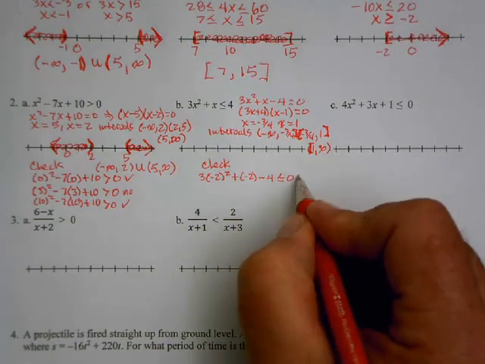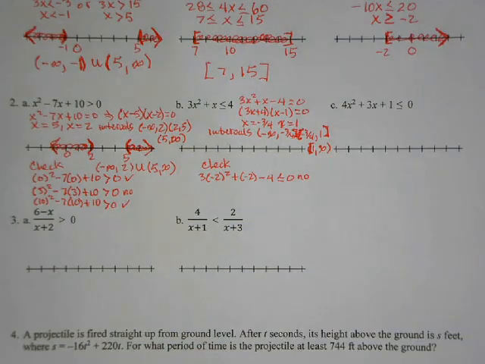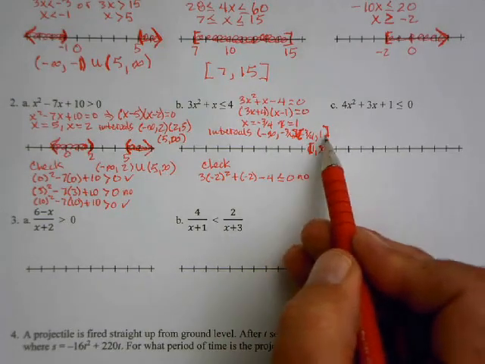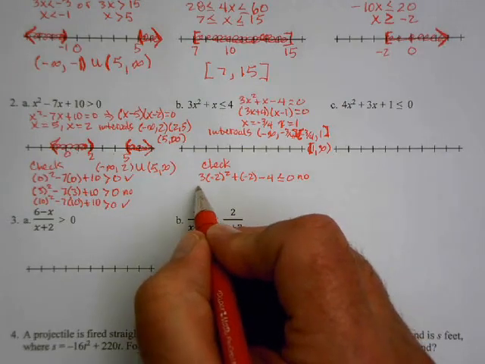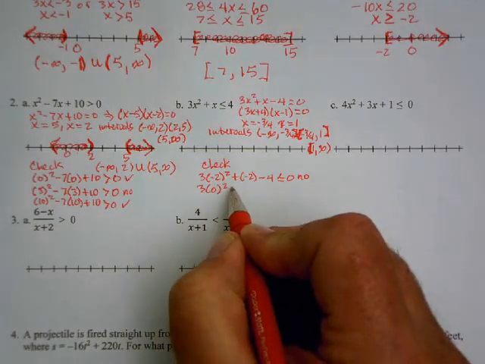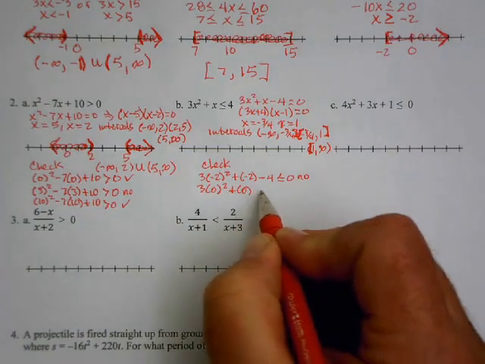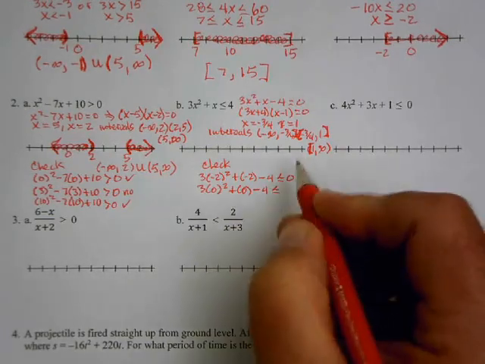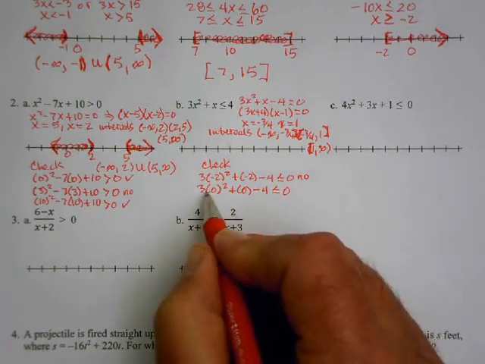And between negative 3/4 and 1, since one's negative and the other one's positive, let's just do 0. So 3 times 0 squared plus 0, subtract 4. Is that less than or equal to 0? Well, 0, 0, subtract 4. Yeah, that will work.